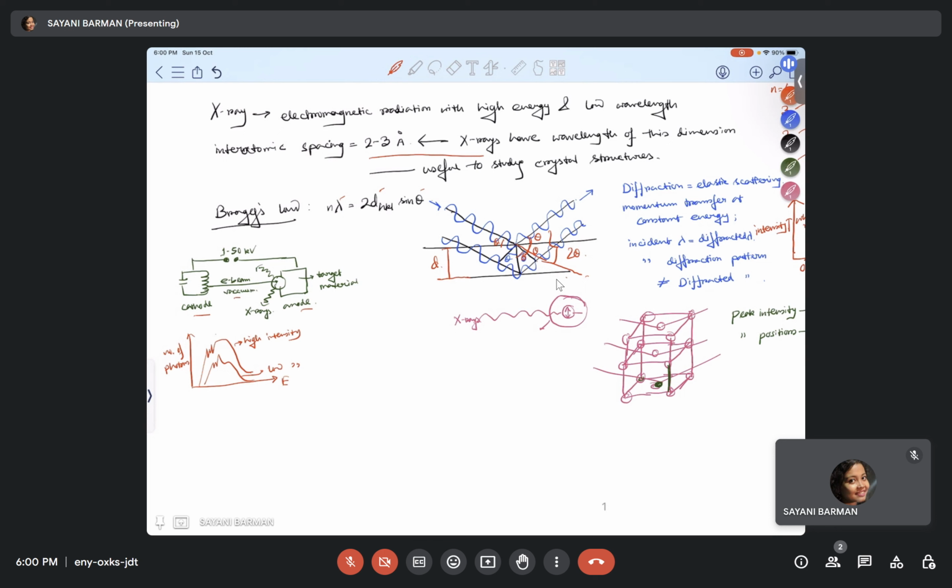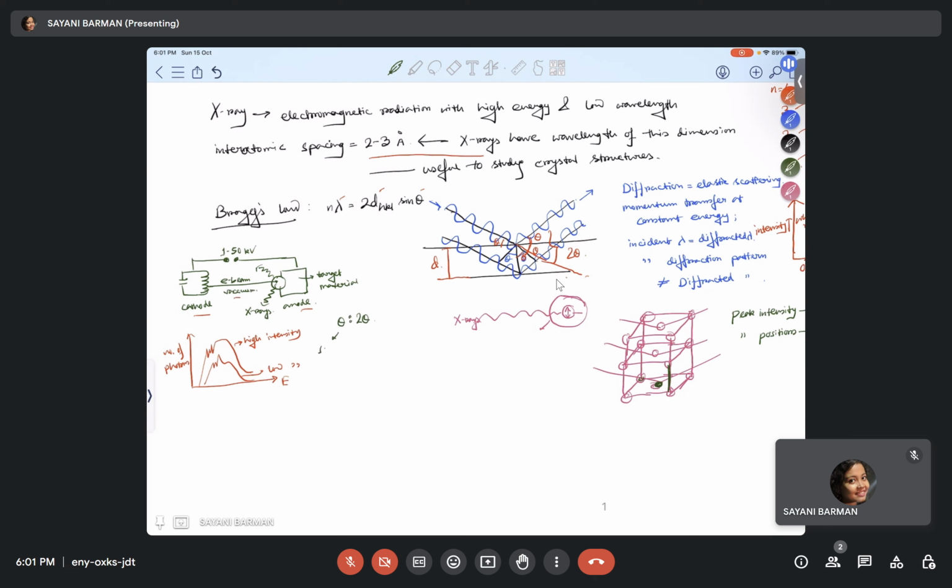Now, there are two types of arrangements that we most commonly use, and it's very important to know. One is theta to theta type, and another one is theta theta. I'll write the next one after this. So, theta to theta: the tube is fixed, the sample rotates.